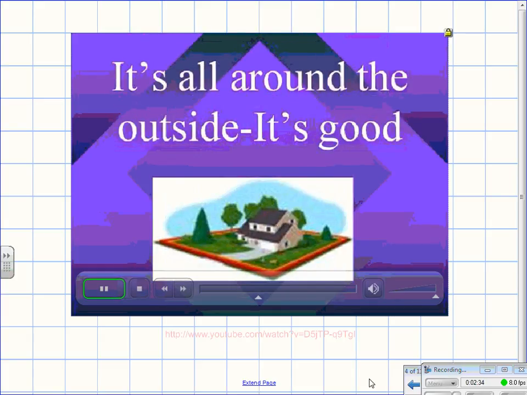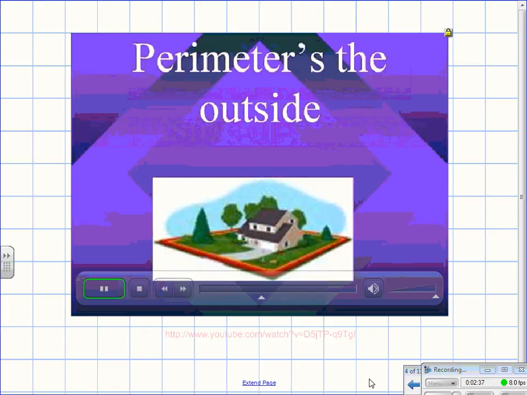It's all around the outside. It's good. The river is the outside.